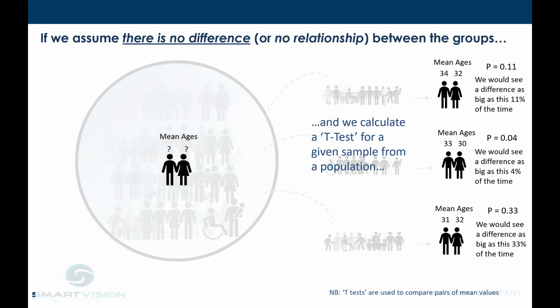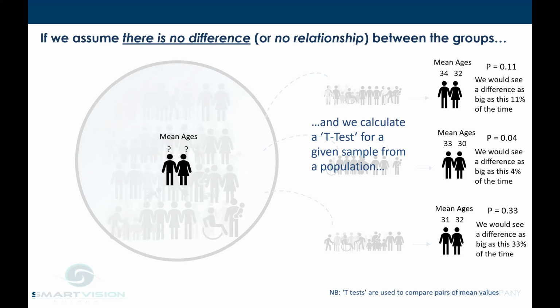First of all, if we assume there is no difference or no relationship, very often you'll see people describe tests as tests of relationships between groups or between factors. But when they talk about relationships, what they often really mean is differences. It is whether or not there's a difference, and the difference is the relationship, if you like. So you might, for example, pull out a sample and do a statistical test.